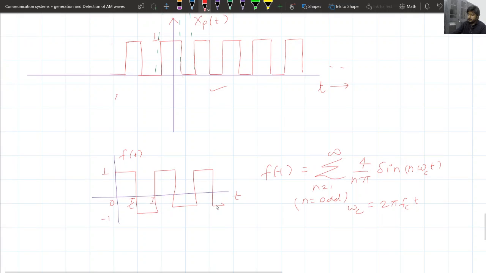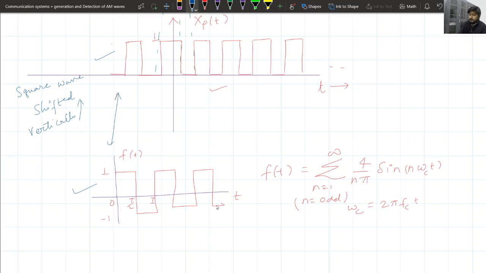Now if you compare these two signals, this signal is a square wave shifted vertically by 1 by 2.